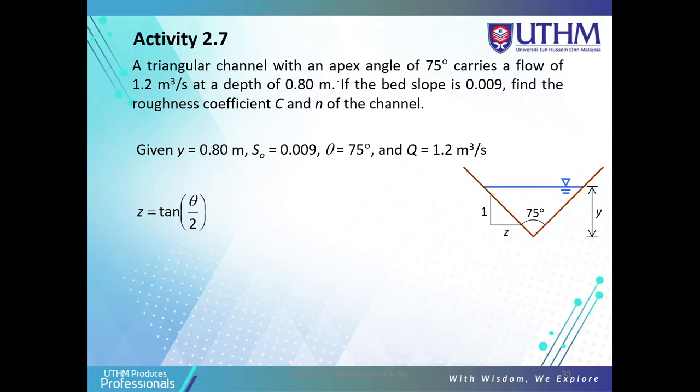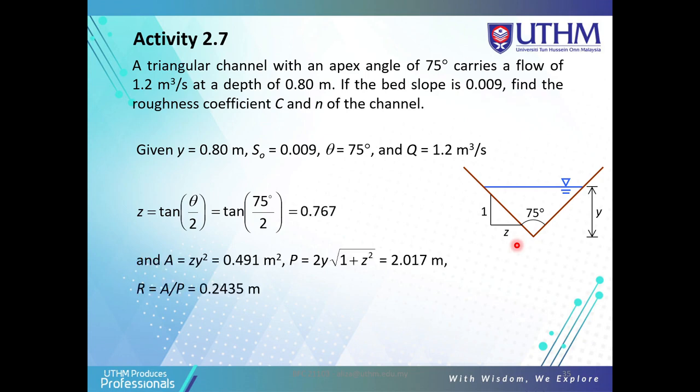We use trigonometry, the tangent, to find the value of Z, because they give you the angle here. So you get Z is 0.767.